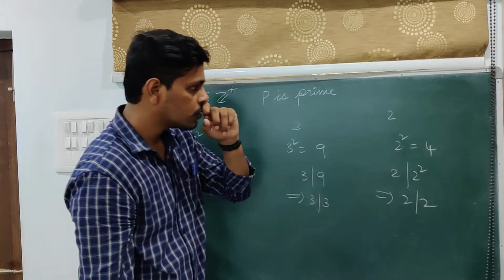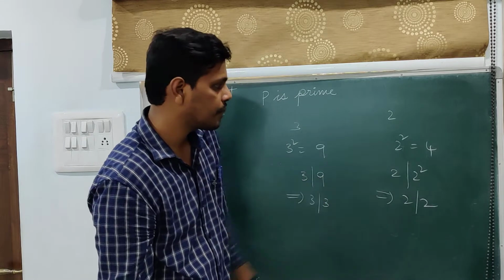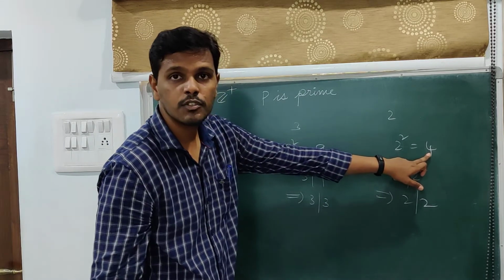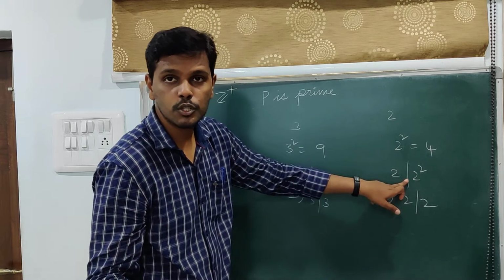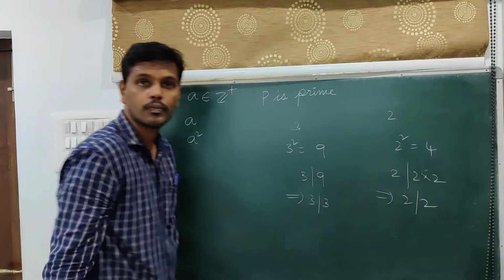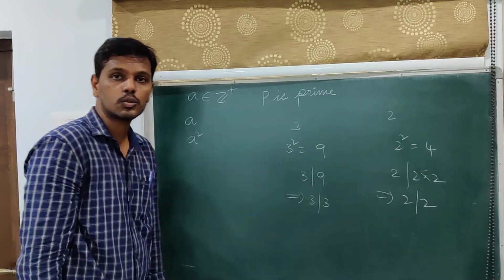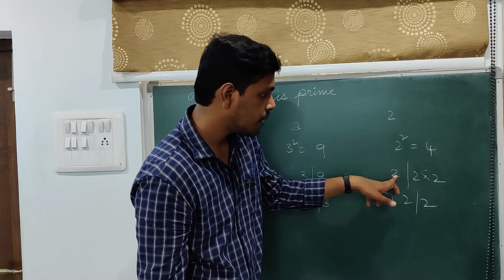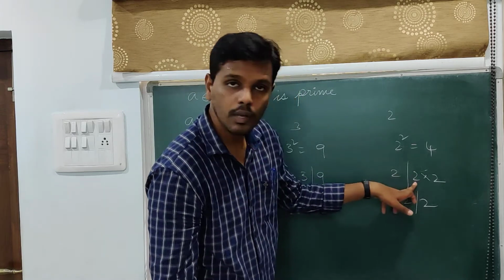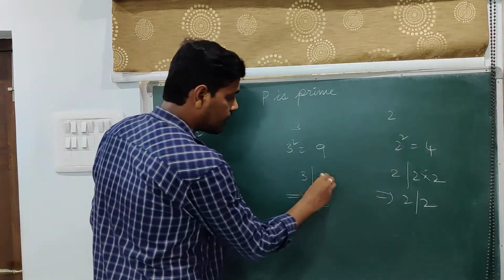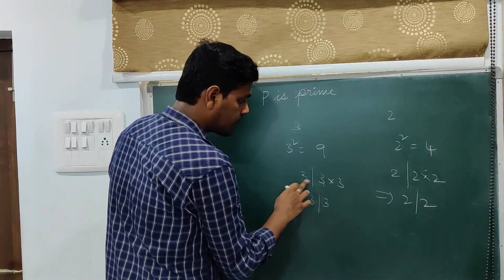If you observe these two examples closely, 4 is divisible by only one prime number, which is 2, and 2 square can be written as 2 into 2. This prime number and this prime number are equal. Here also, 9 can be written as 3 into 3, and again these two prime numbers are equal.